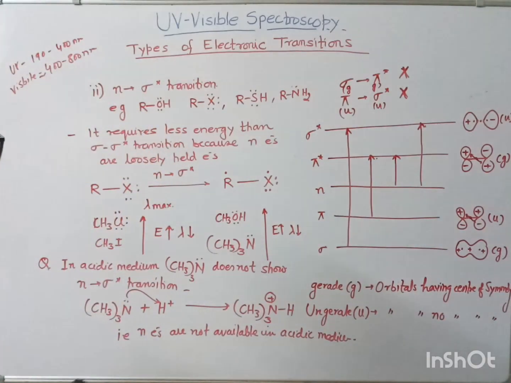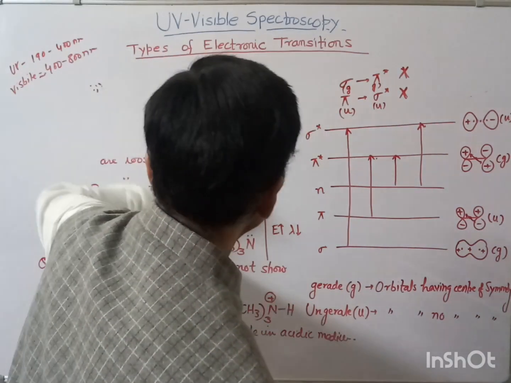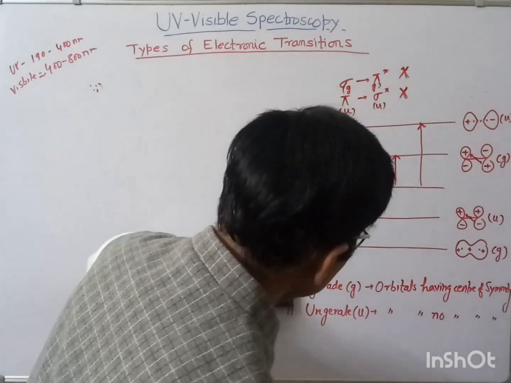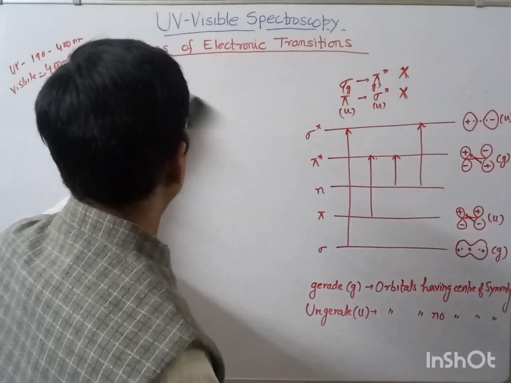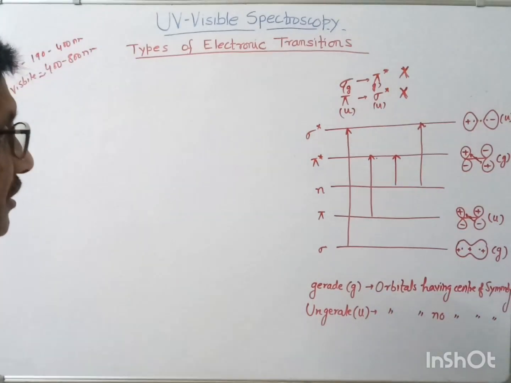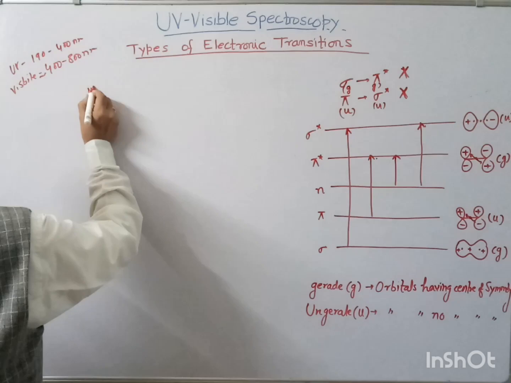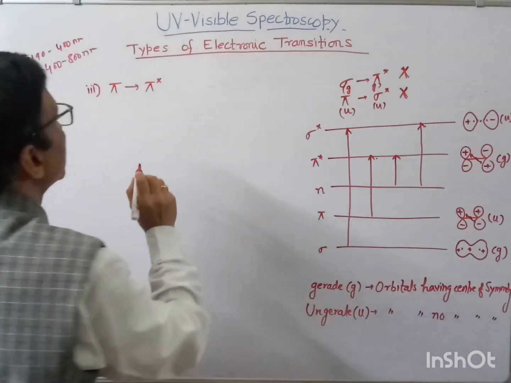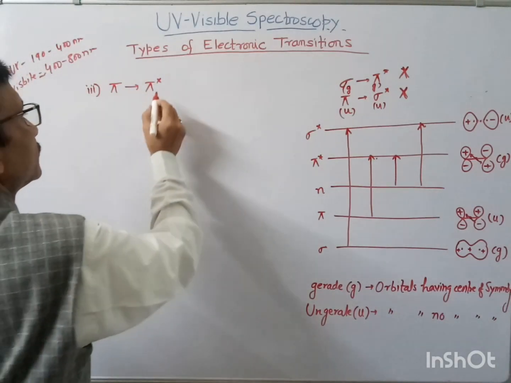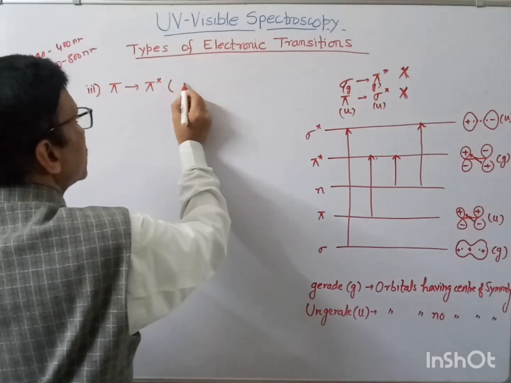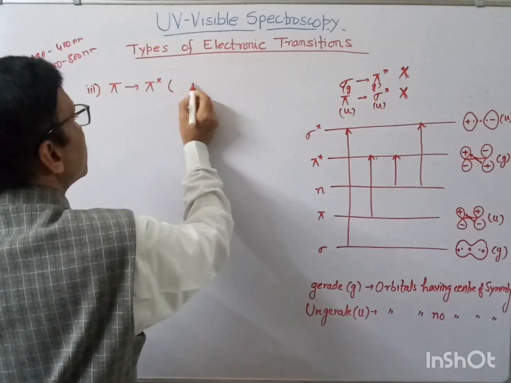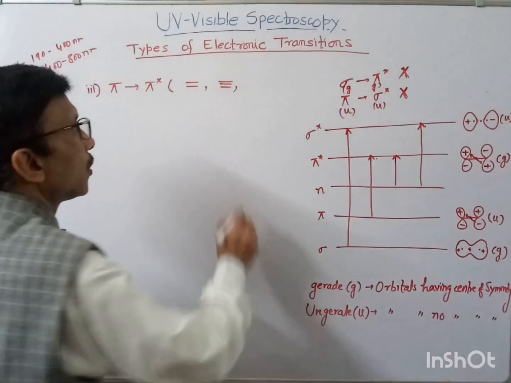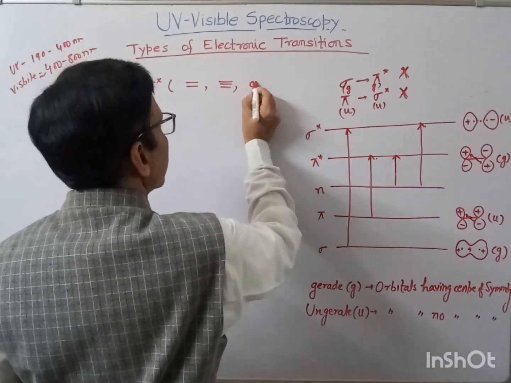Such types of transition are found in a molecule having a pi bond or multiple bond. So this is the pi to pi star transition, and it can be found in multiple bonds, like in a double bond, in a triple bond, or also in some aromatic compounds.